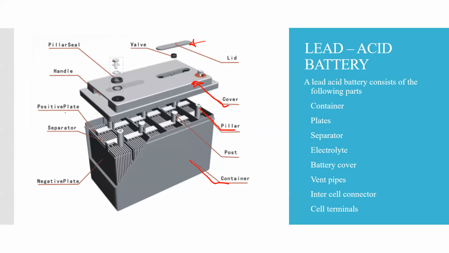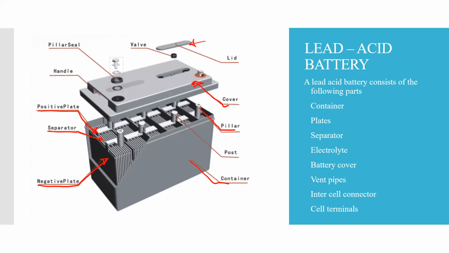Then we have a positive plate, I will show them later on, and negative plates also. Between the positive plate and negative plates, we have a separator. You can't merge the positive plate and negative plate, otherwise it will result in a short circuit.